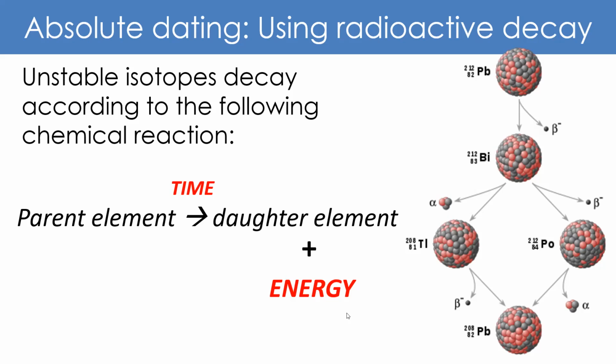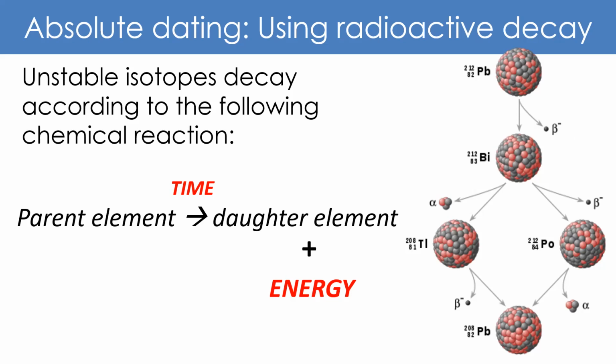So if we look at the image on the right, at the top of the image we have lead-82. 82 is its atomic number. Now, we are going to do beta radioactive decay on that lead-82. When we do this type of decay, we're actually turning one of the neutrons into a proton.